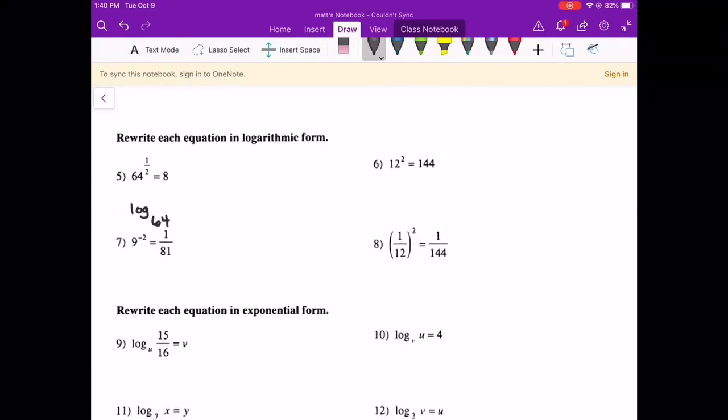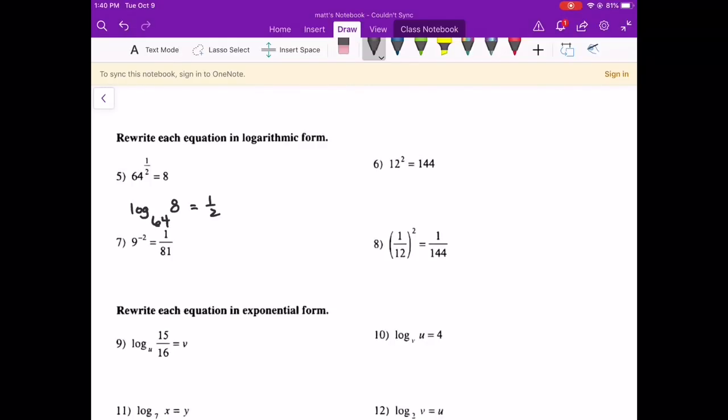So that is going to end up being out here, 1/2, the exponent, and then what it's equal to is part of my log. So log base 64 of 8 is 1/2. Now what does that mean? That means that 64 to the 1/2 power is 8. That's what that means, and that's how I go back and forth between the exponential and the logarithmic.